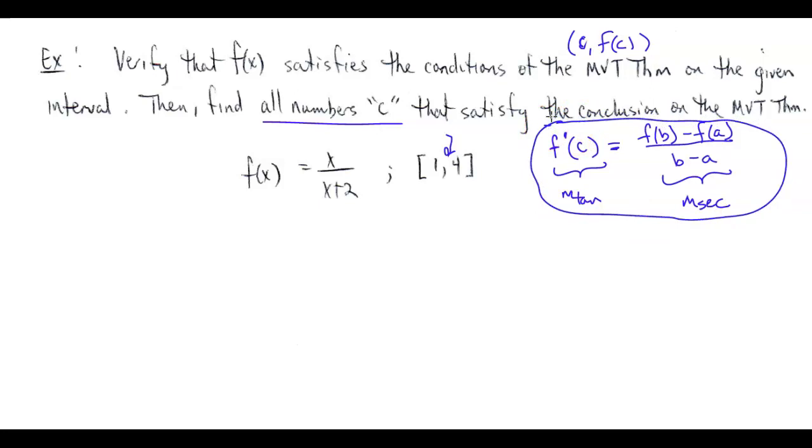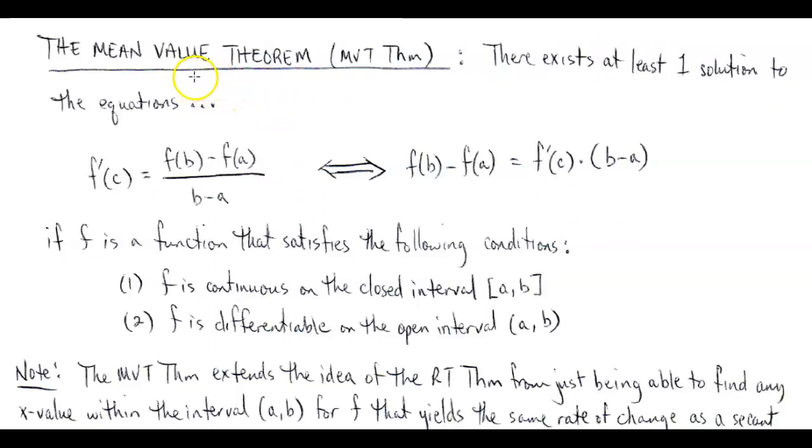What we need to do is to identify what are the conditions that allow us to make this assumption so that we can find these values C that actually satisfy this equation here. So going back to the formal version of what the mean value theorem tells us, it has to satisfy these two conditions, meaning is our function continuous on a closed interval, and is our function differentiable over the corresponding open interval from x equals a to x equals b.